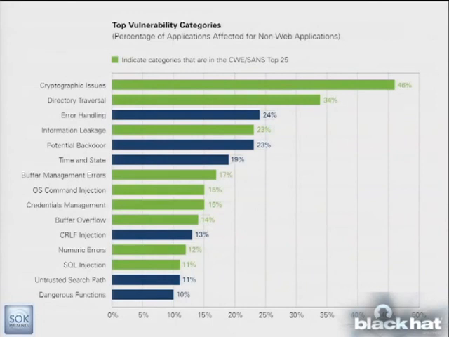So we're seeing additional types of vulnerabilities show up in non-web applications because of languages like C and C++, in which these things are pretty prevalent. But again, we're only seeing buffer overflows in 14% of the applications we look at. Buffer management errors, another memory corruption class of vulnerability, appear in 17% of applications.